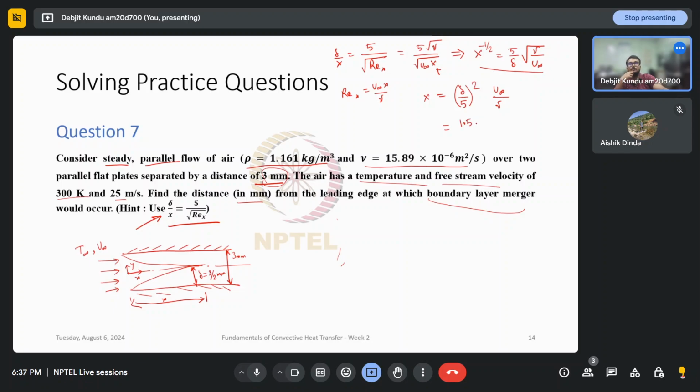So 1.5 into 10 power minus 3 squared divided by 5 squared, that is 25, into u infinity. U infinity was given as 25 meters per second, and nu was given as 15.89 into 10 power minus 6. So if I plug in all these values, I should be getting something close to this.